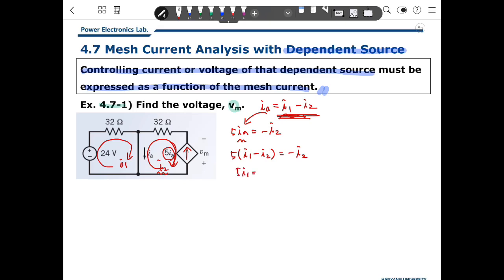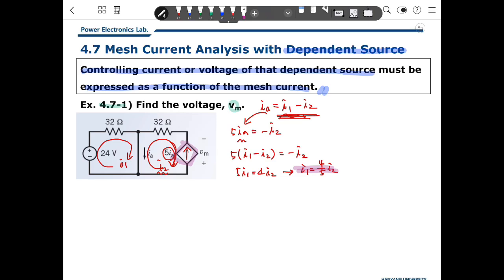So 5 I1 will be 4 I2, so I1 will be 4/5 I2. That is the main key, based on this dependent source.